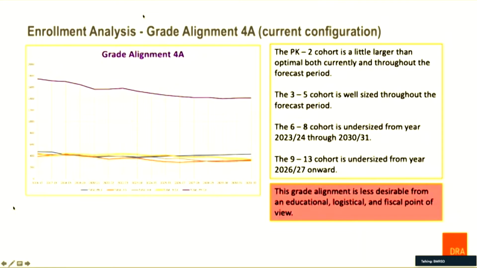That gives the kids enough people to interact with and to have some good activities. 6 through 8 is what you're running here now. It's a little bit too small. You don't get enough mass to get clubs going, extracurricular activities, and good curriculum offerings, and the same problem at the high school. So I said this one's considered less desirable from an educational, logistical, and fiscal point of view. You're essentially running what you own now.